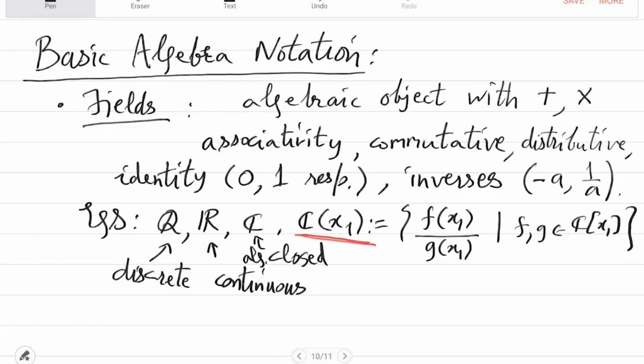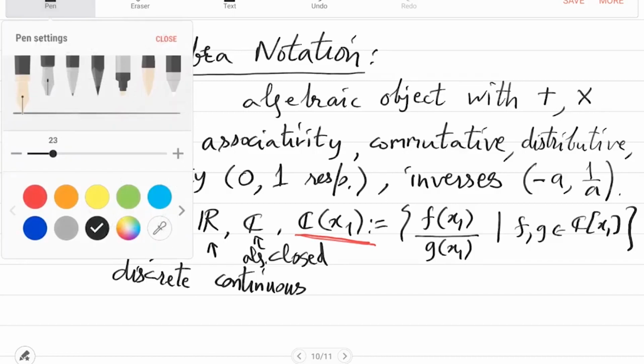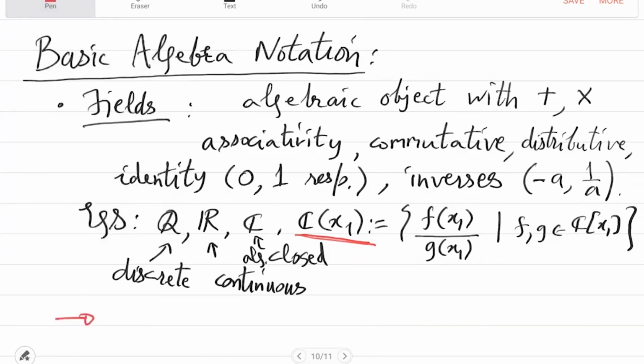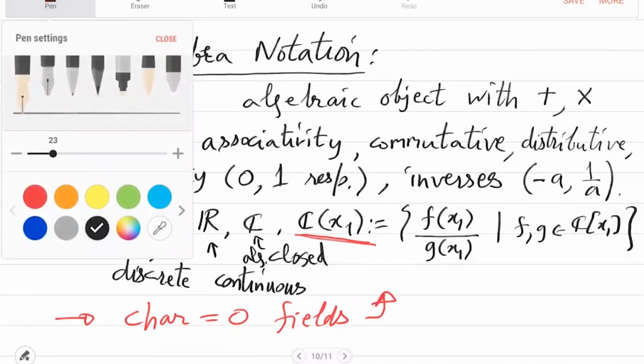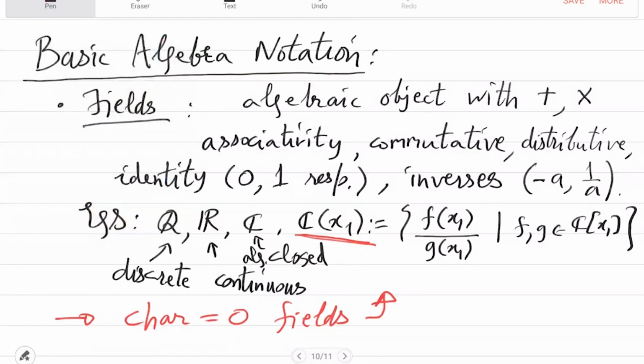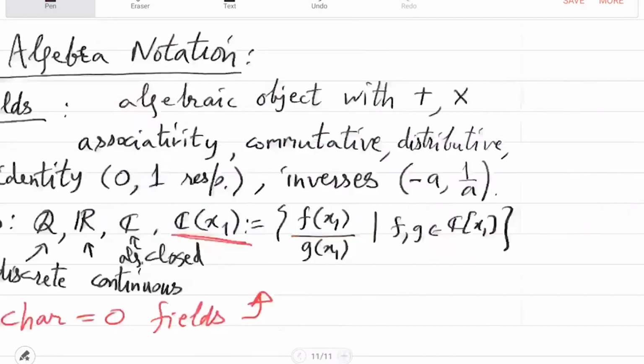So these are characteristic zero fields. But these are clearly not all the fields that we know. There are far more interesting fields, or at least equally interesting fields, which have prime characteristic, not zero.